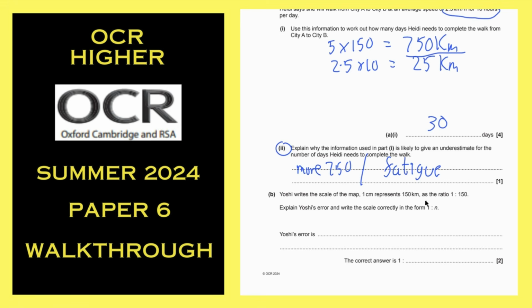Yoshi writes the scale of the map as the ratio of 1 to 150. Now you can use a lot of waffle. Yoshi's error is he's used inconsistent units, because 1 to 150 is like for like, centimetres to centimetres, metres to metres. That's not what it should be.